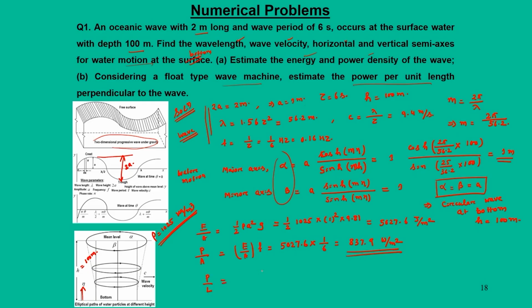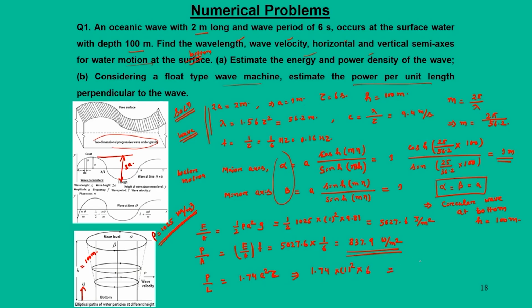That expression we recall is what is called wave power per unit length, P by L. This is from experimental observations, that is 1.74. You can use this relation, A square into tau. So that is 1.74 into 1 square, tau stands as 6.